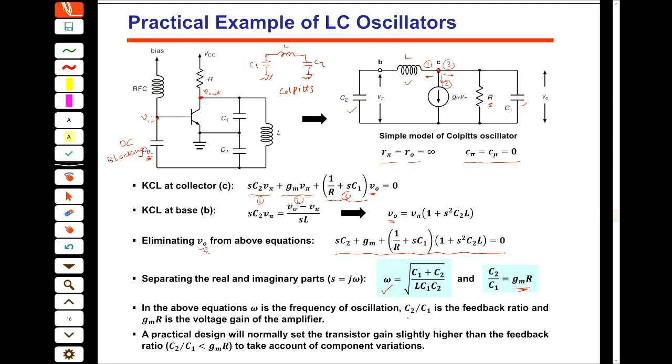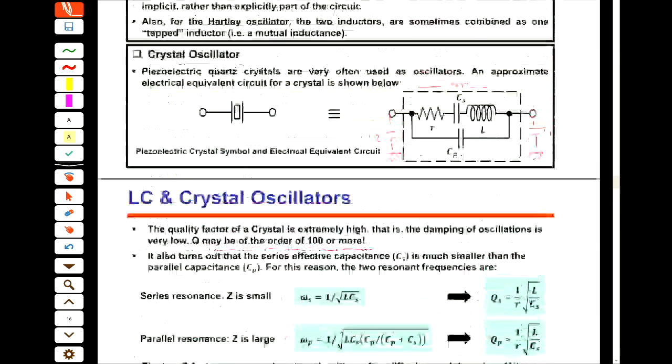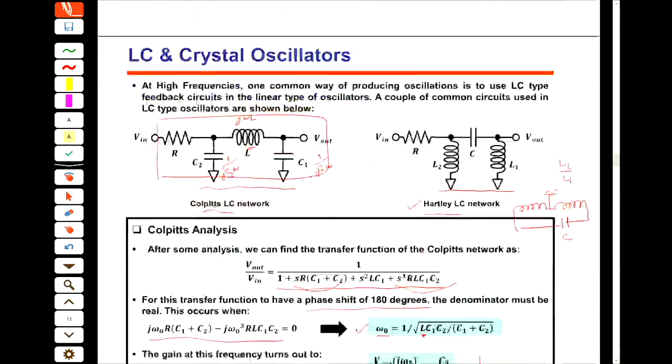Exactly what we got from the previous section, that the gain should be C2 over C1. And okay, I have one question from you actually. So here, I want to see that.